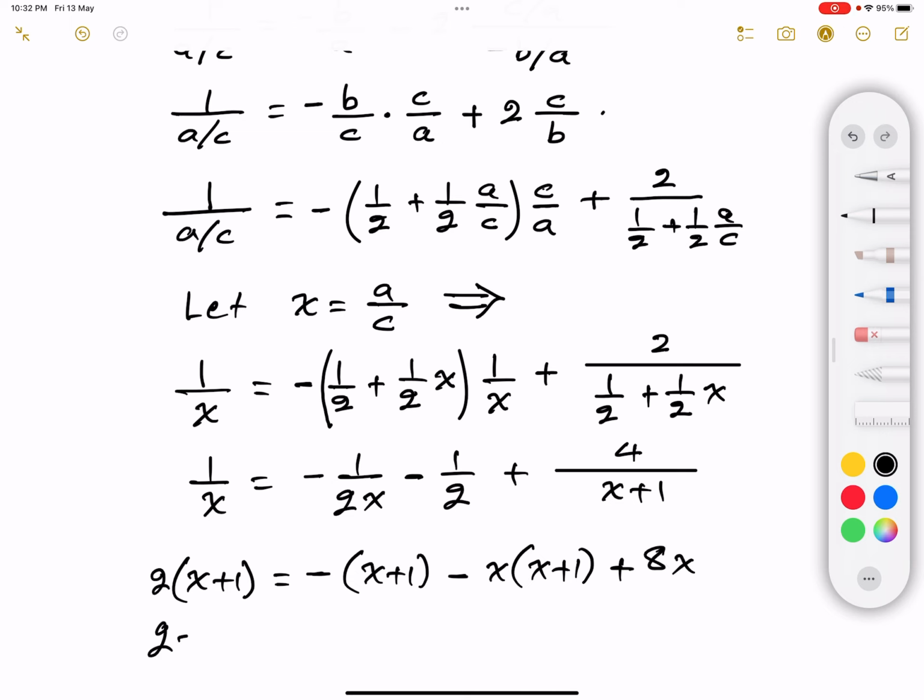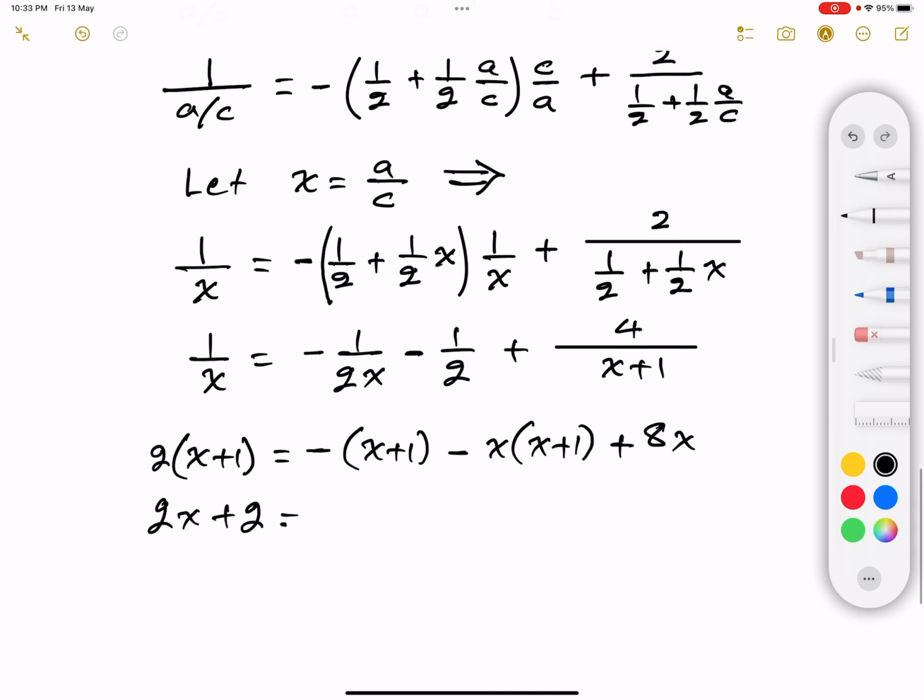Okay, so here 2x plus 2, that is going to give us minus x minus 1 minus x squared minus 1 plus 8x. So we're going to get x squared to the other side, minus x, this is x here. So minus x minus 2x plus 8x, that's 6x.